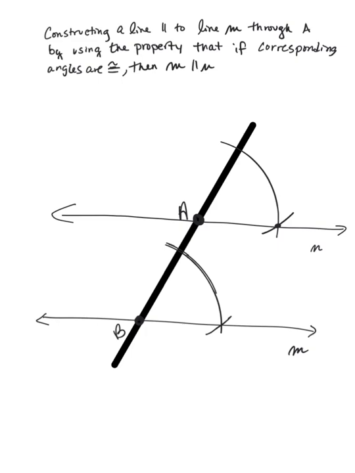Okay, so the properties that you need to know about parallel lines are that when two lines are parallel and cut by a transversal, okay, so you have two parallel lines cut by some transversal. Okay, I'm labeling the angles 1, 2, 3, 4, 5, 6, 7, 8.